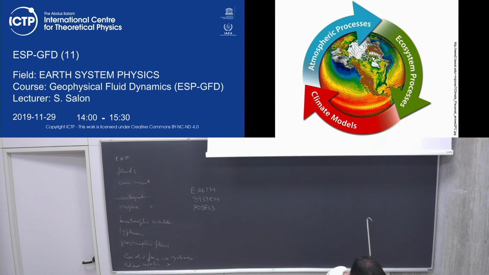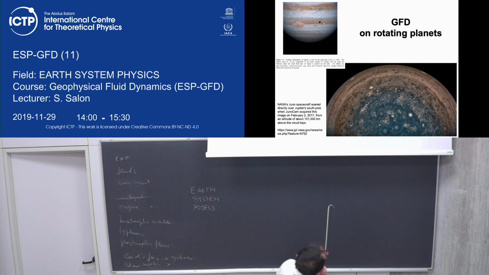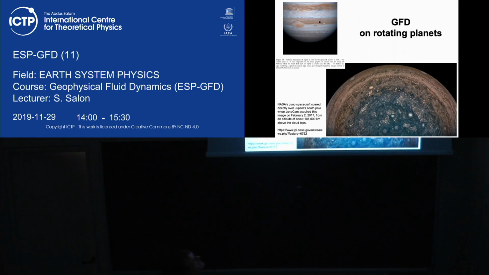But not just on the Earth, because GFD can also be used to study the circulation on rotating planets. Why not? So we said that GFD is the study of fluid dynamics on rotating planets with stratification, right? These are the 4 words: fluid dynamics, rotation, and stratification. Okay? So rotation and stratification make the word geophysical. So this is Jupiter.